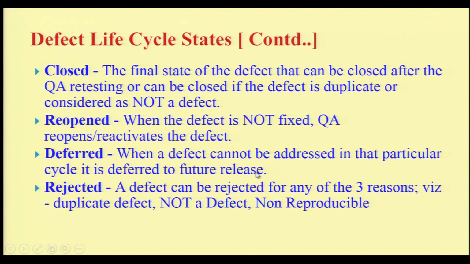Deferred, when a defect cannot be addressed in that particular cycle, it is deferred for future releases. A defect can be rejected for any of three reasons: if it is a duplicate defect, if it is not a defect at all, or if it is not reproducible.